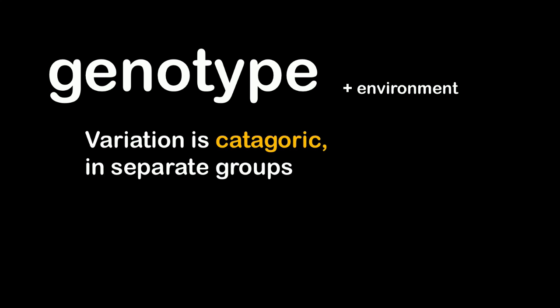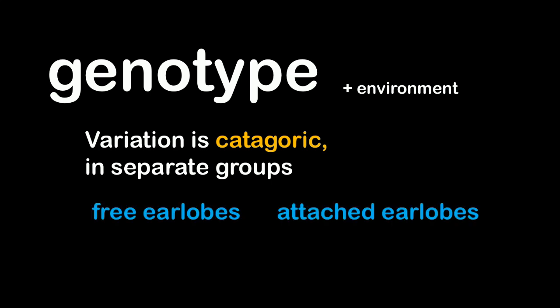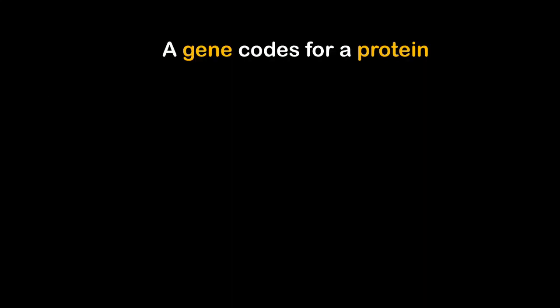In these kinds of situations, the variation is categoric. You can separate them into different groups. Either you have free earlobes or they are attached, or you have blue eyes or brown eyes. So in this case, the genotype is more important than the environment.